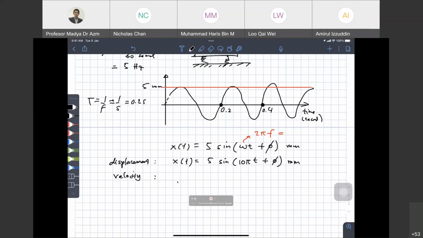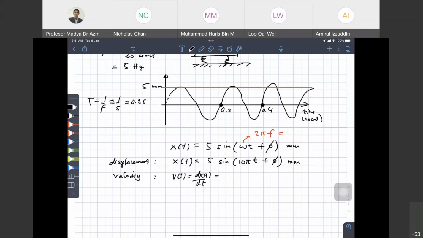So to calculate the velocity, what do you have to do? You divide by time. Not really divide. What is it called? Differentiate. Differentiate by time. Okay, so let's say v(t) is dx(t) over dt.